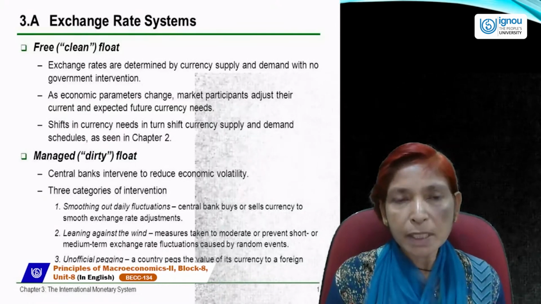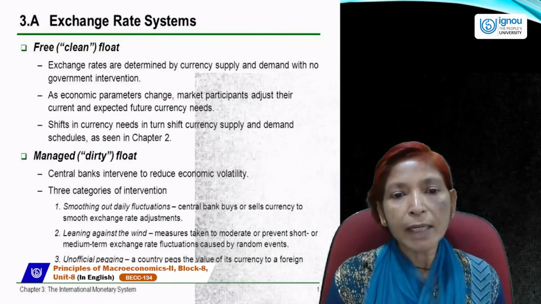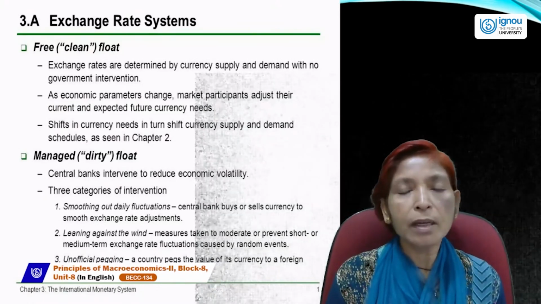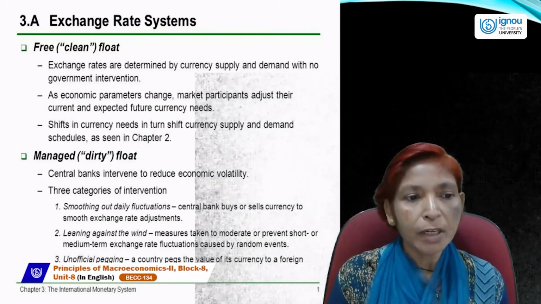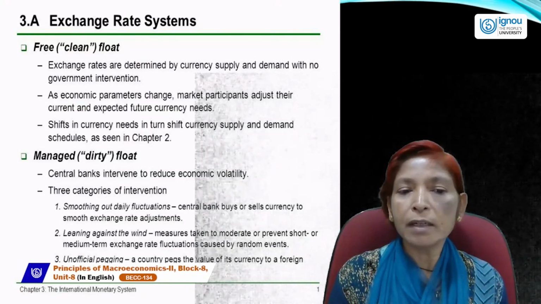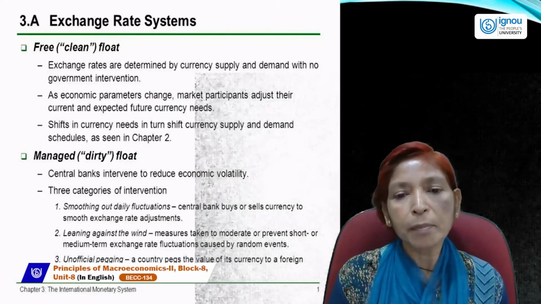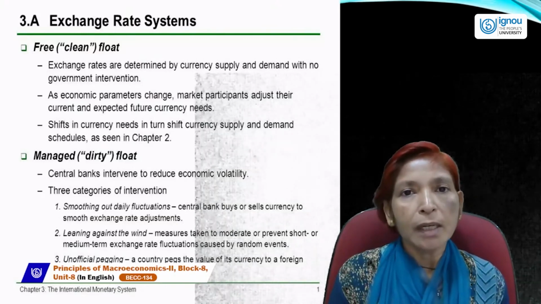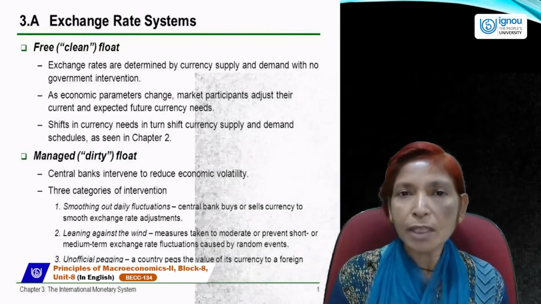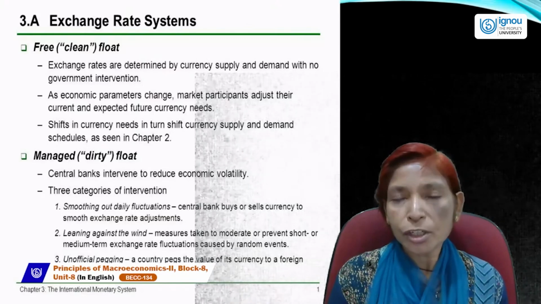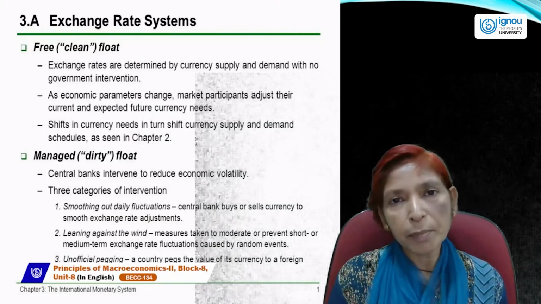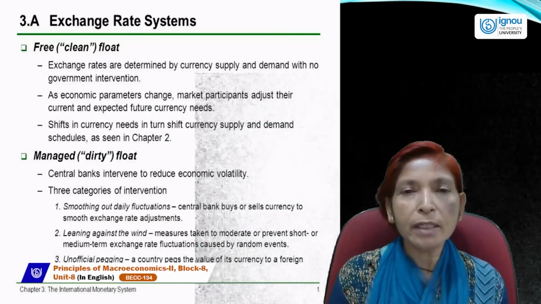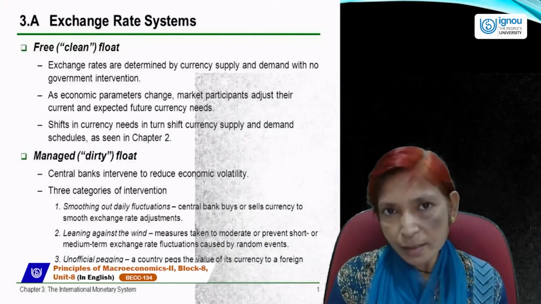As economic parameters change, market participants adjust their current and expected future currency needs. Shifts in currency needs in turn shift the currency supply and demand schedules. As you know, the demand curve can change and the supply curve can shift. So if there is any change in demand and supply, then the exchange rate can also change or vary.